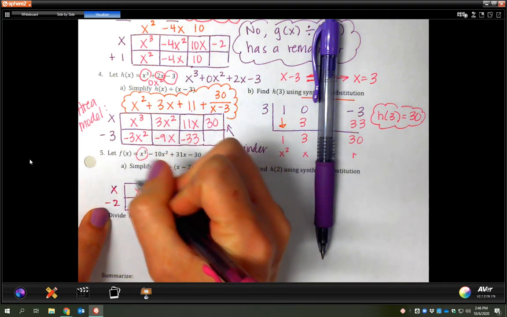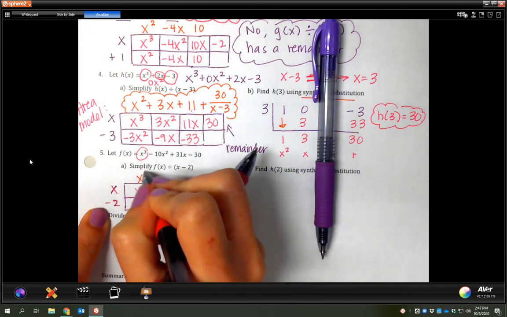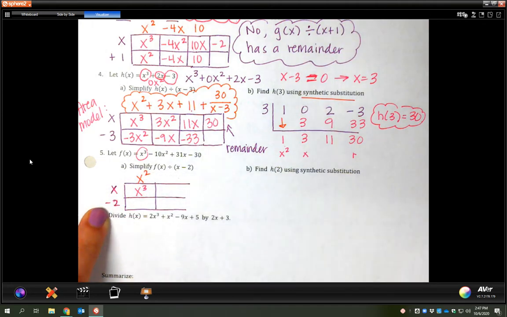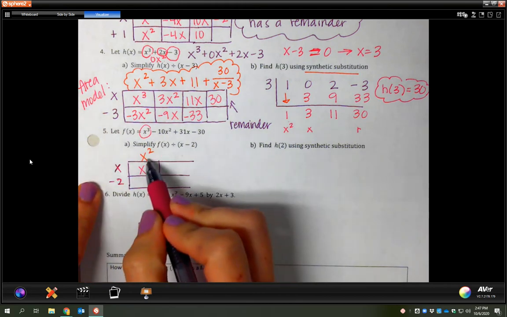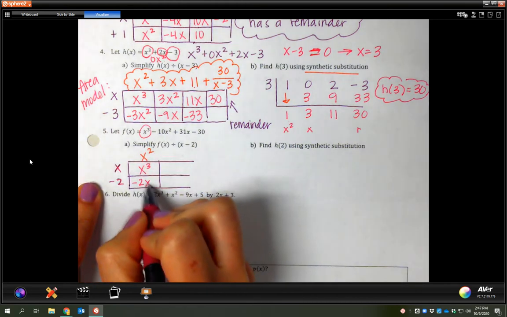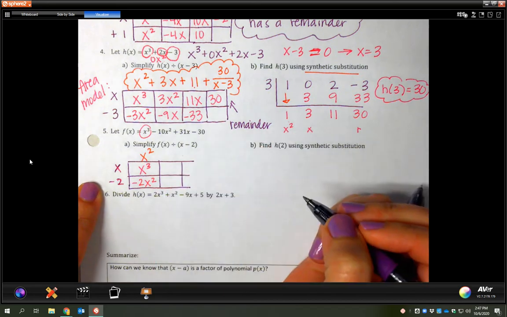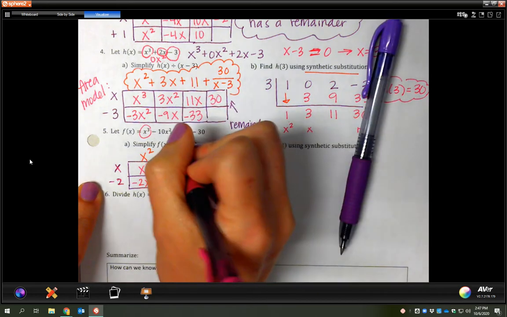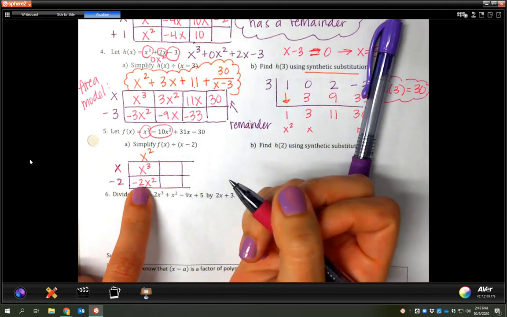We go to the top and figure out what to multiply to x to get x cubed, and that would be x squared. And then we can fill in the bottom box, x squared times negative 2, negative 2x squared. And we're going to go to the next column and look at the next term, the x squared term, negative 10x squared. I have negative 2x squared so far.